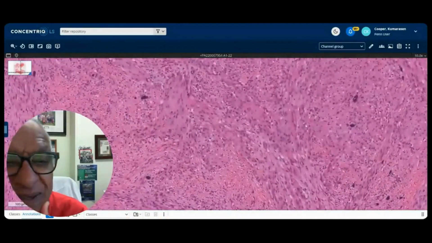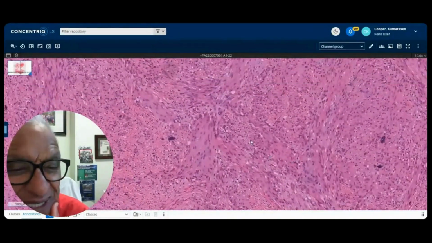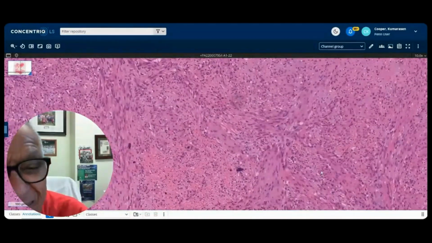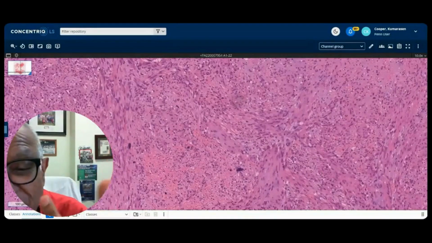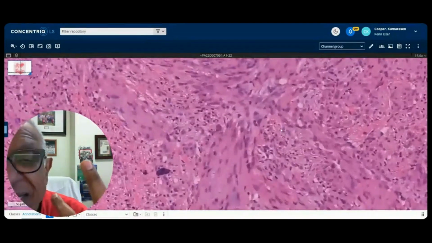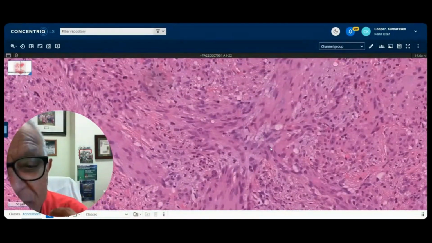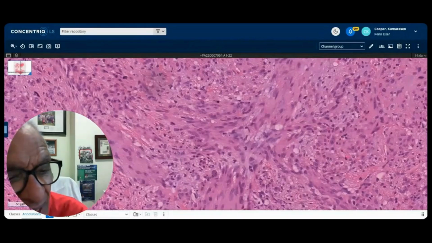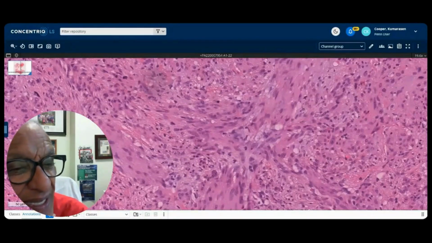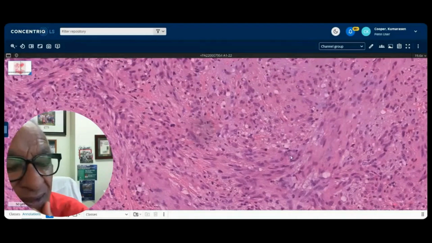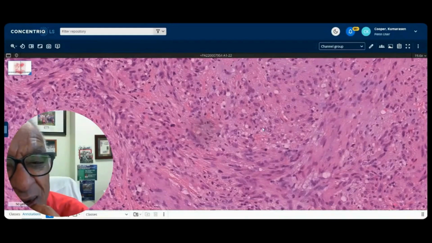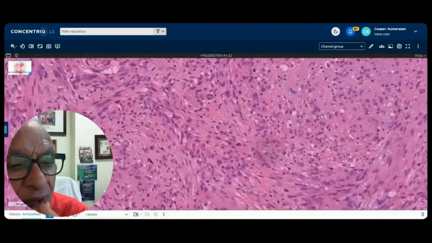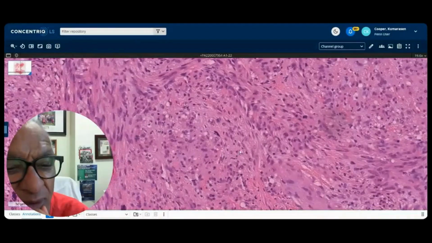But feathery look, yeah, that's mainly in the younger lesions. Part of my point is that in the younger lesions you see more myxoid stroma, and the myofibroblasts look as if they're in a culture plate, and that's how they have that sort of feathered look, and culture-like myofibroblasts.